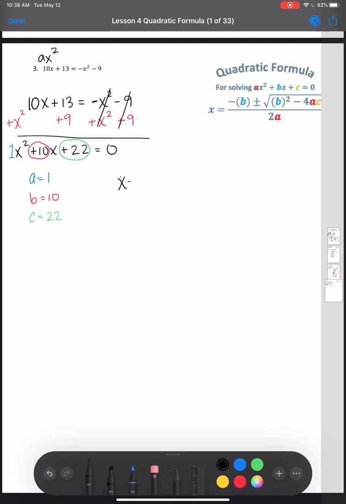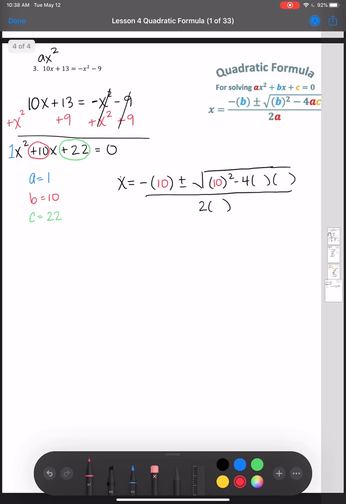X is equal to negative B plus or minus the square root of B squared minus 4 times A times C, all over 2 times A. So here we go: negative B, that's 10, plus or minus the square root of B squared, minus 4 times A times C, all over 2A, 2 times 1.